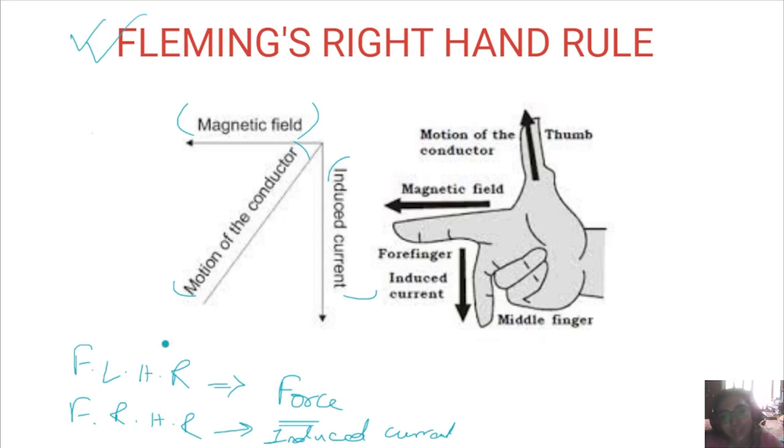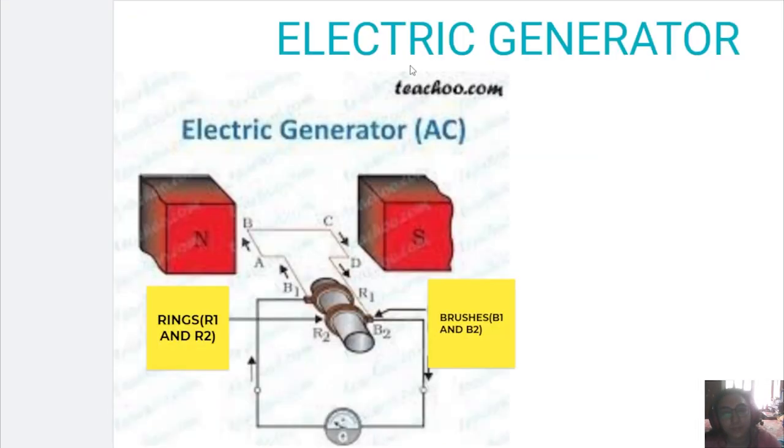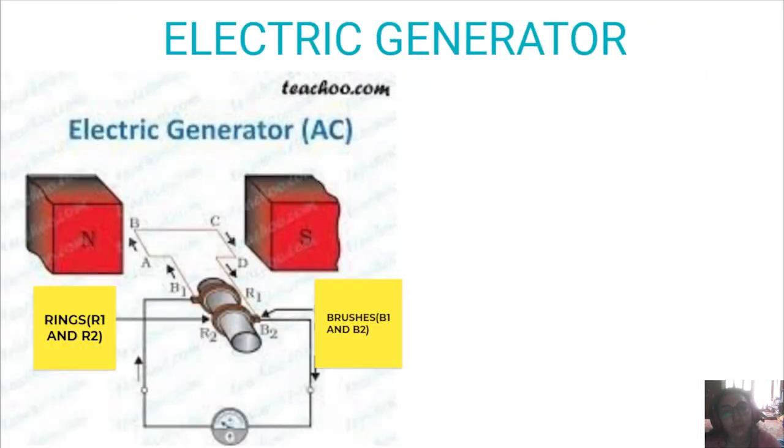So it's not really difficult to remember because both are similar things, only in the two cases we are finding out two separate things. In Fleming's left hand rule, we used it for finding the force exerted, and for the right hand rule we are finding out the induced current. Okay, so now again we have to understand its usage.